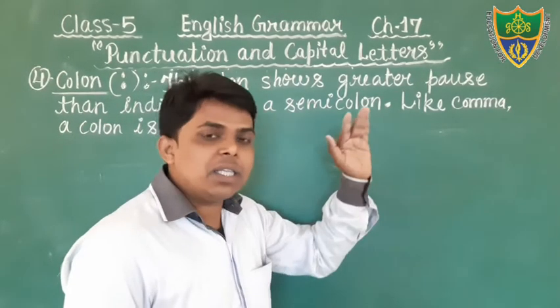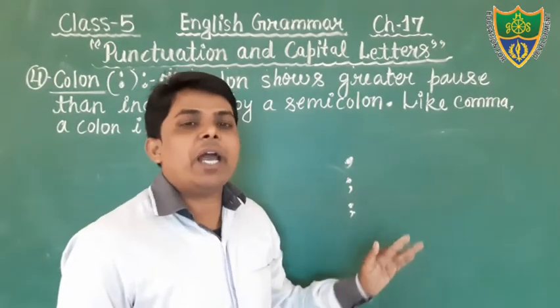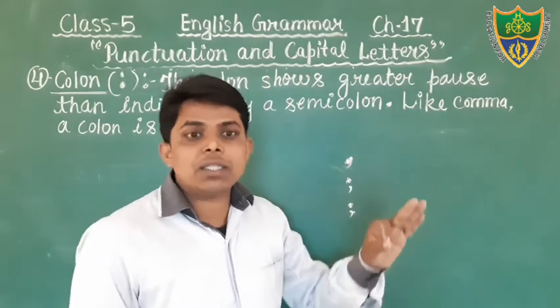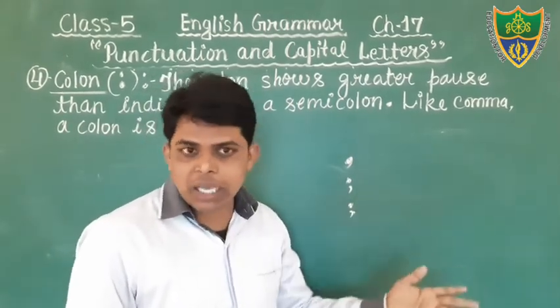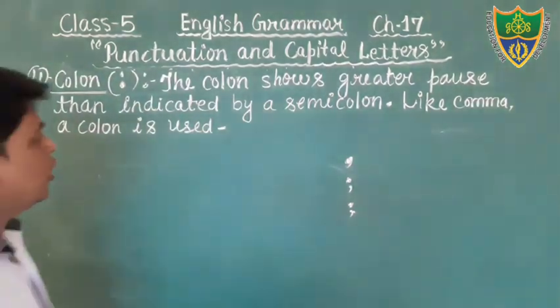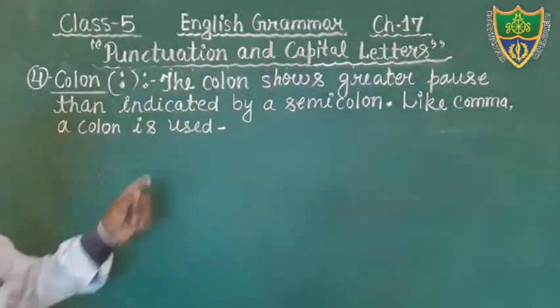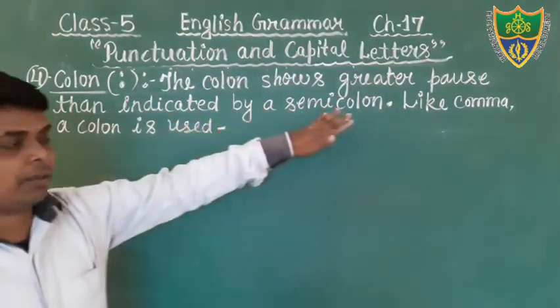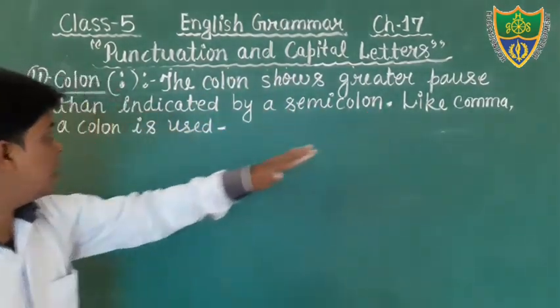Okay, and comma is the shortest pause. And semicolon denotes the brief pause, longer than comma. So all these things you have to keep in your mind and write it. The colon shows greater pause than indicated by a semicolon.